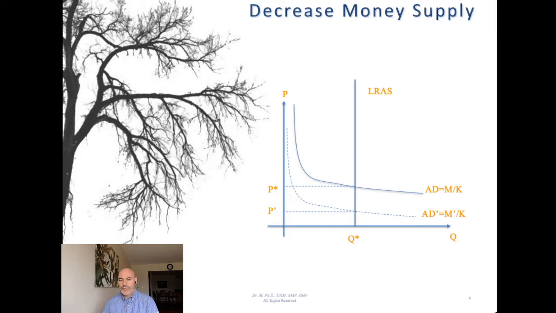Let's see what happens when the money supply decreases. In this case, you observe that GDP in the long run does not change, but you are shifting aggregate demand down from the solid line to this dotted line, and your price level decreases.